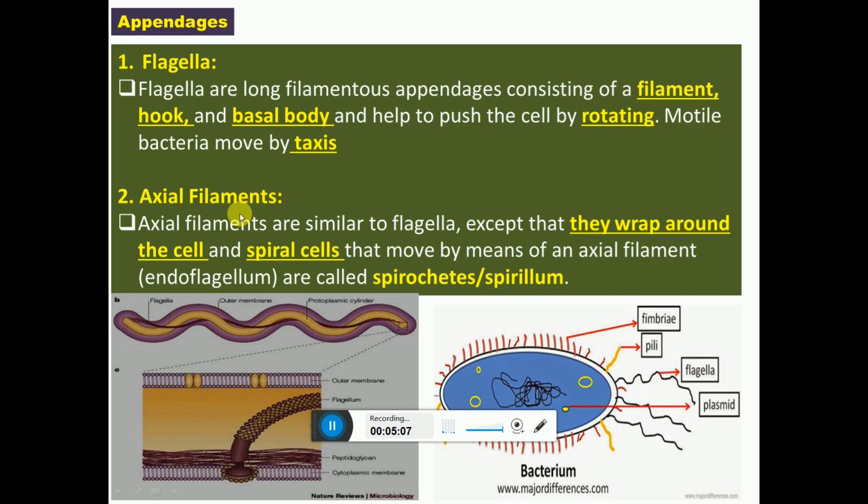Then the axial filament. Axial filaments are similar to flagella except they wrap around the cell and spiral the cell, which moves by means of the axial filament, or endoflagellum. They are found in spirillum, helical bacteria, also called spirochetes. So you can see the structure of the axial filament.